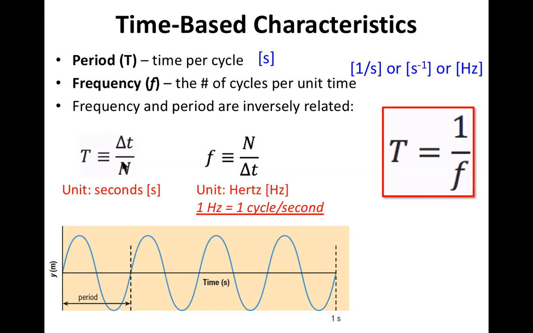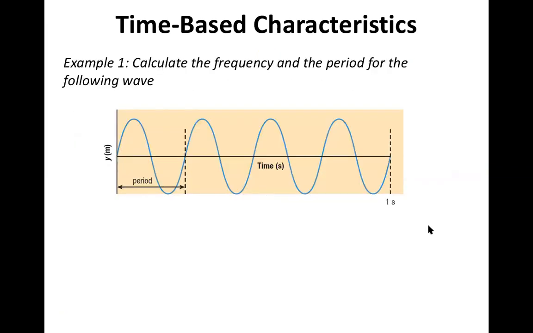So N is the number of those cycles, and delta T is the time that matches with that. And if you notice, these two equations are reciprocals of each other. So we can actually have a main equation that doesn't have all these extra measurements, and it's just, if you know the period, you flip it to get the frequency, or if you know the frequency, you do the reciprocal to get the period.